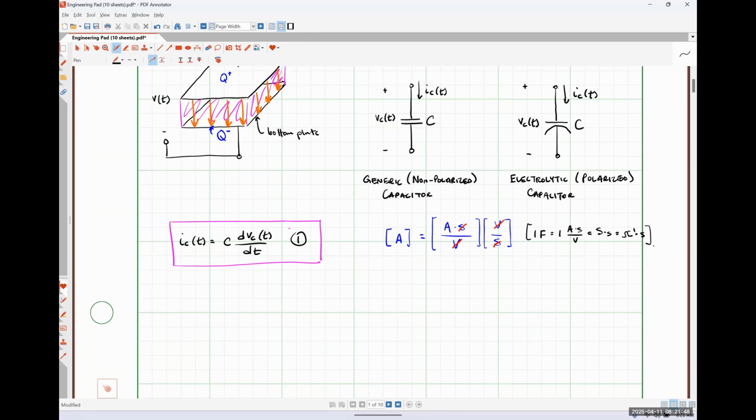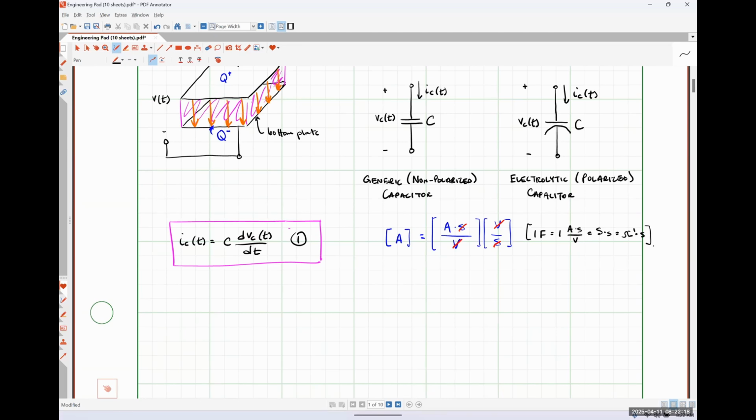All right, so circling back around to the equation that I boxed in here, equation 1. I hope that this looks vaguely familiar to you all. What I mean by that very specifically is it looks a lot like the voltage relationship for an inductor, right? So the voltage drop across an inductor was V is equal to L di/dt.